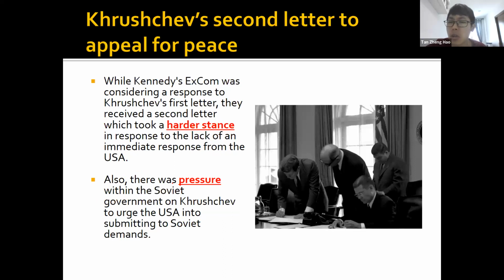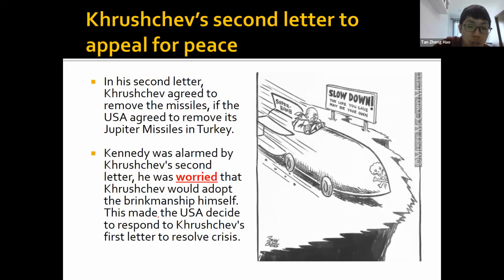He said, no. Not attacking Cuba is not good enough. We want more. So they took a harder stance. Khrushchev basically wants the US to have more demands. So now they want the US to agree to remove its missiles in Turkey. Just now we said Turkey is a neighboring country to the USSR.